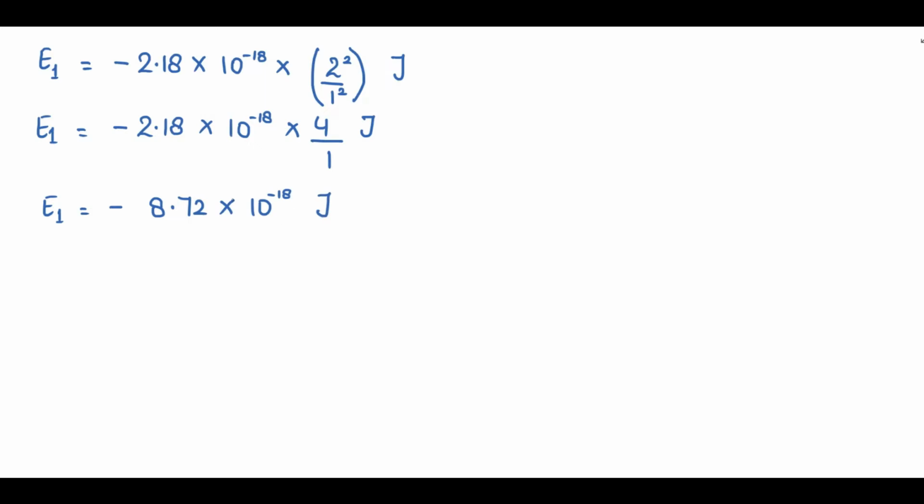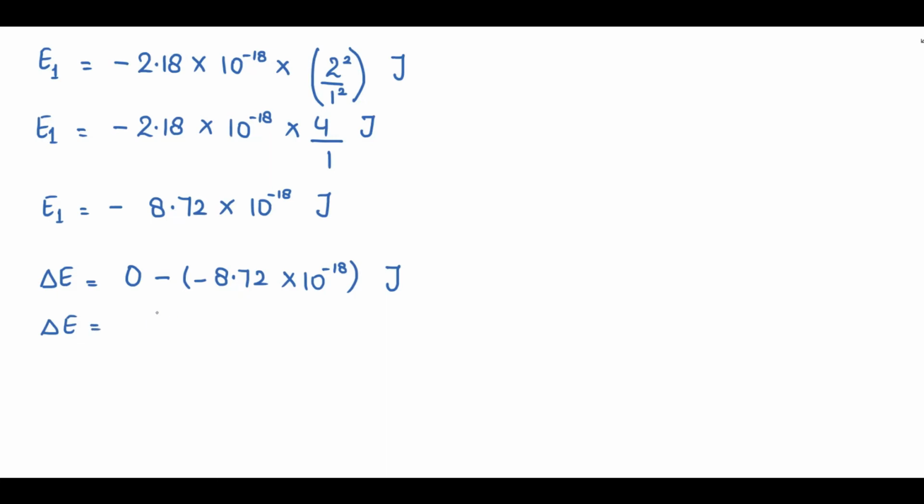We have to find the value of ΔE. So I'll put the value of E∞ over here, that is 0, minus the energy of the first orbit, that is minus 8.72 × 10⁻¹⁸ joule. Minus into minus, it will be plus.